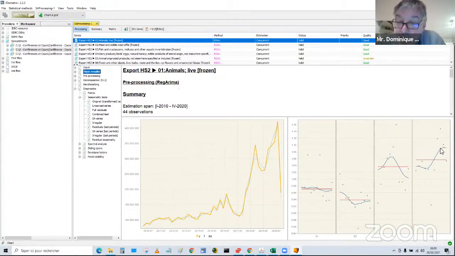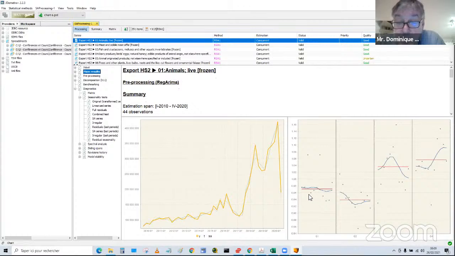So it's okay. This one is a bit more problematic because it increases up to this time, and then after you have a clear rupture in the seasonal component. It seems that X11 is doing a pretty good job following this movement, okay?